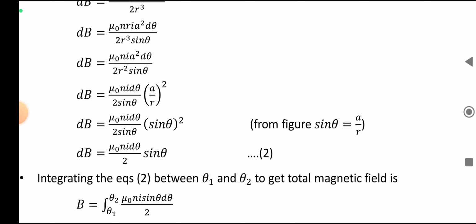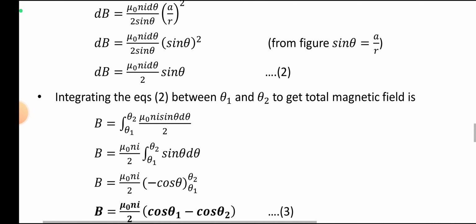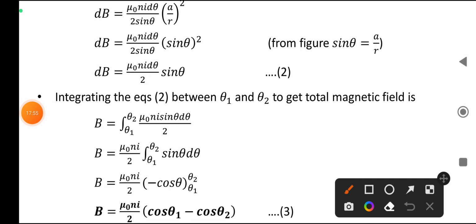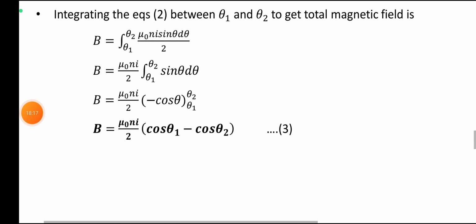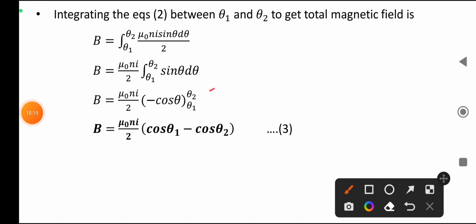Okay, now integrating on both sides, equation 2 between theta 1 and theta 2 to get the total magnetic field. On integration, the differential cancels, only B remains, and this side is theta 1 to theta 2. Take the remaining constant quantities outside: mu naught n I by 2. Inside, sin theta will be there. We know the integration of sin theta is minus cos theta, with limits from theta 1 to theta 2.